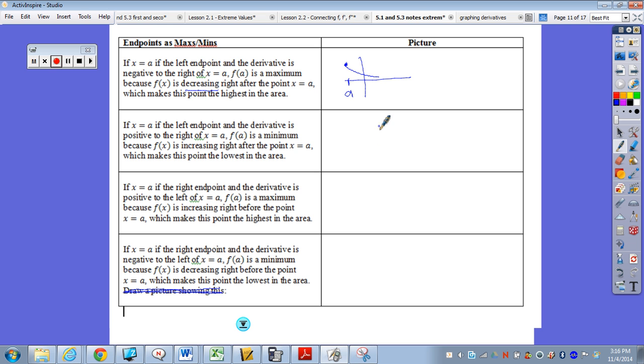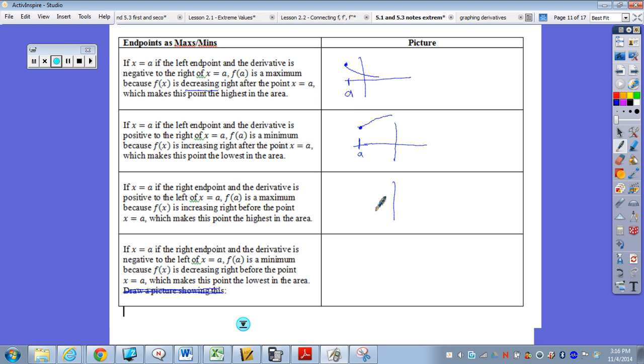If you have the second example, if x equals a is a left endpoint, and the derivative is positive, f of a is a minimum because the function's increasing, so it's the lowest value.